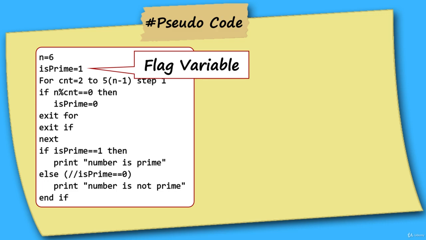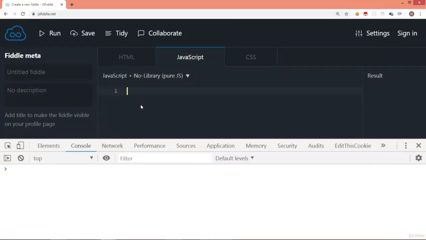Let's try to code this. I'm going to take similar variables here. Let's say we'll use variable n, where we are going to get the data. So I will say prompt here, enter a number. We'll also take a counter. Of course, we can put this in a for loop only.